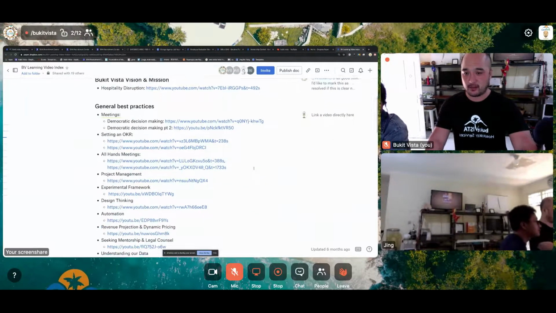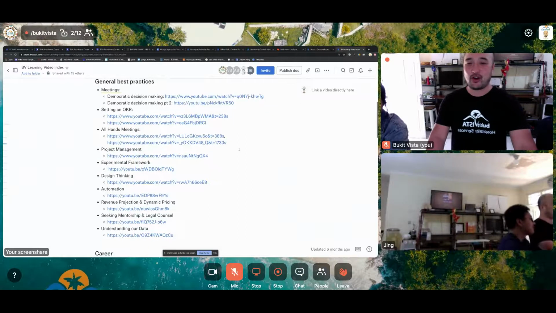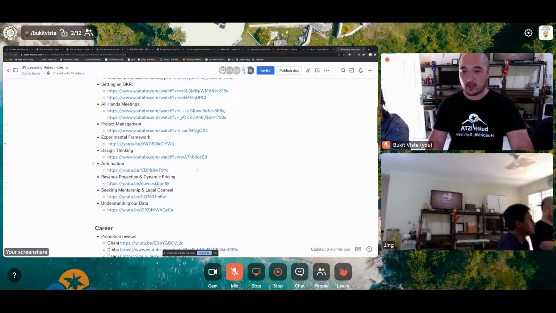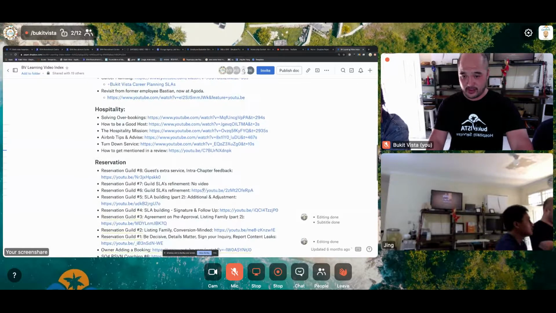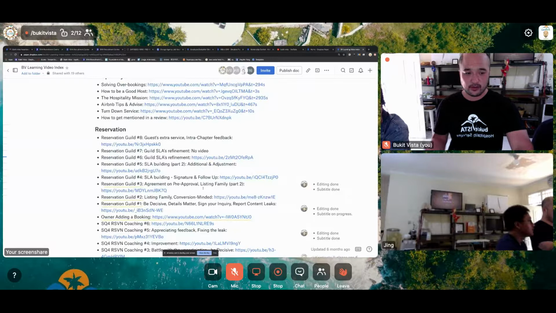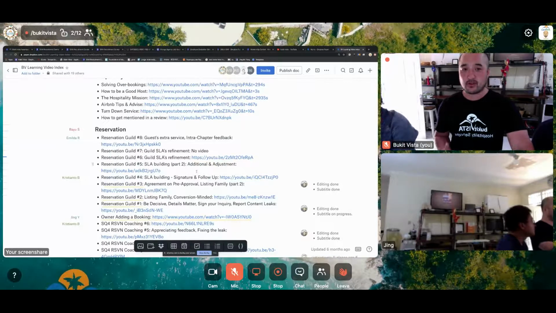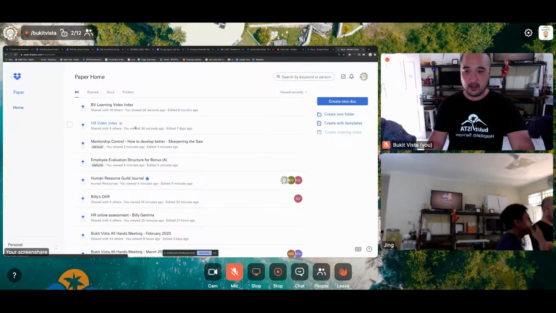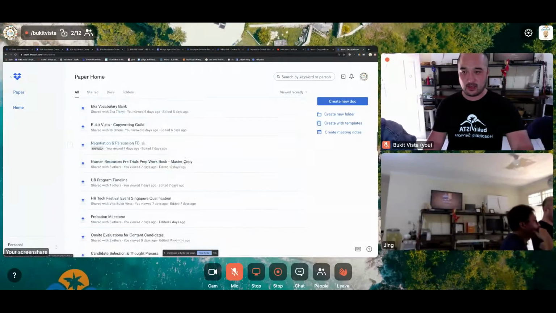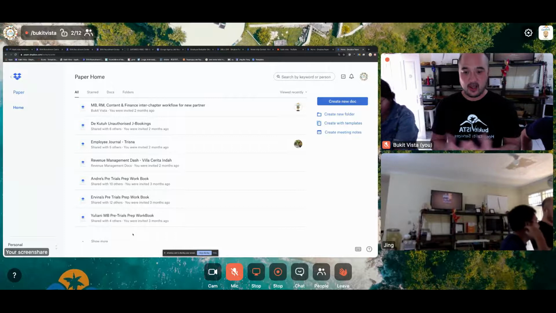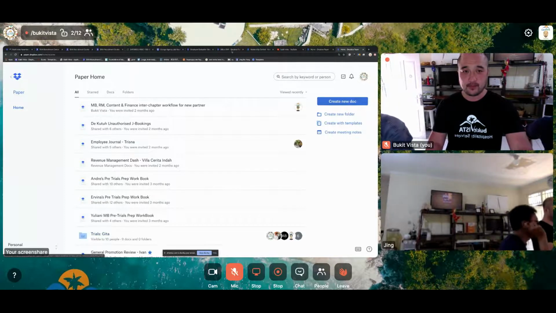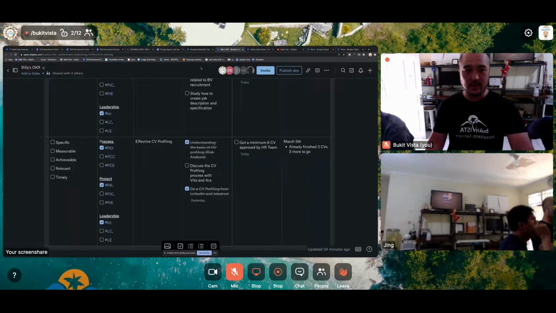How to set up a career, what an all hands meeting looks like, product management, strategy framework, design thinking, career promotions, overbookings, so quite a lot of material. Not sure if this material is actually getting out, right? That's another thing. A lot of material just in the paper. There are thousands of documents. So the content is available.